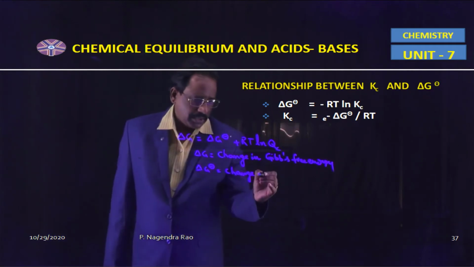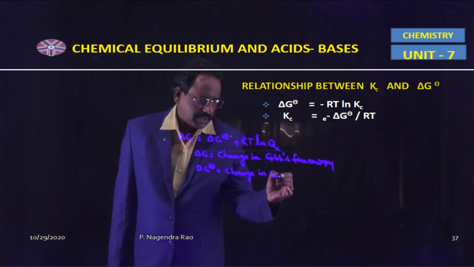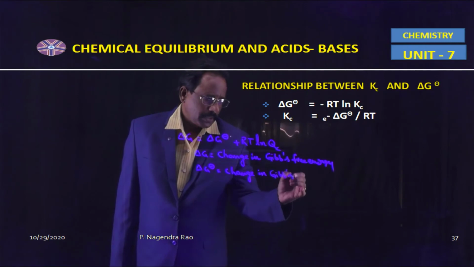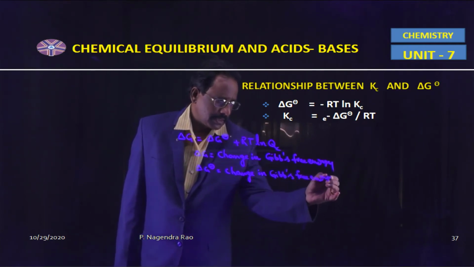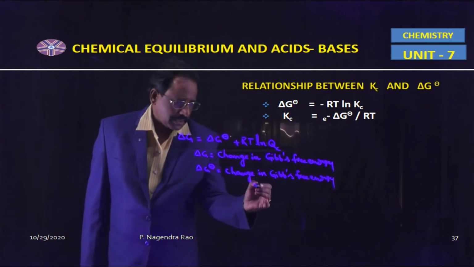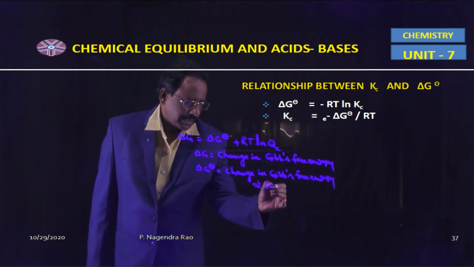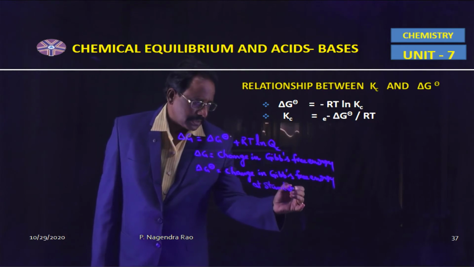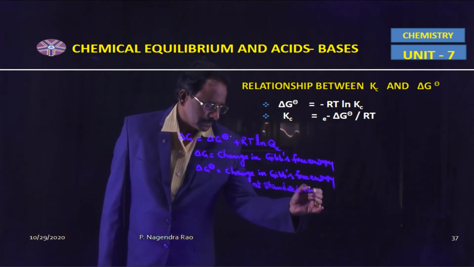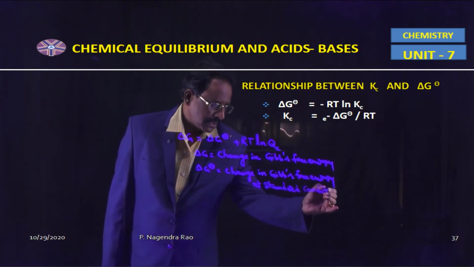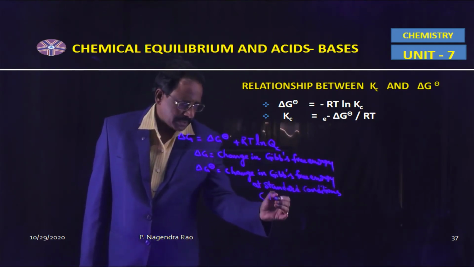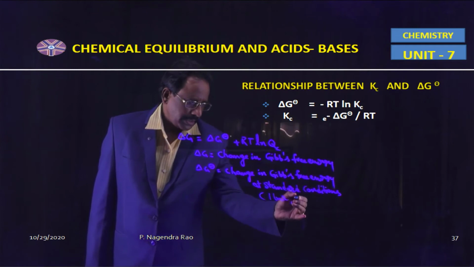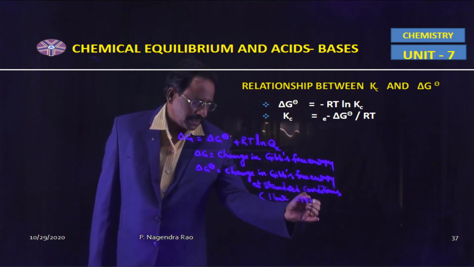Now the change in Gibbs free energy at standard conditions means the system is at 1 bar pressure and 298 Kelvin temperature.